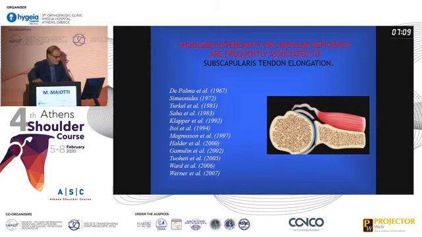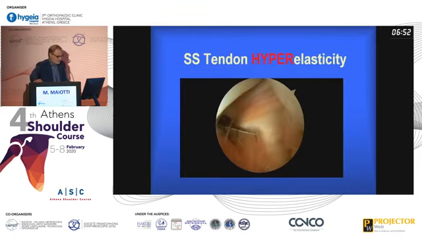or, as all these guys told in the past, that you maybe frequently have a hyperlaxity or an elongation after repetitive trauma, or constitutional, of the subscapularis tendon. And so we do this test every time when we go in the shoulder.